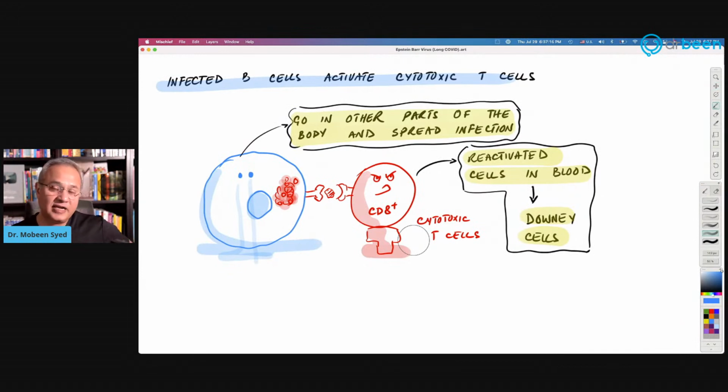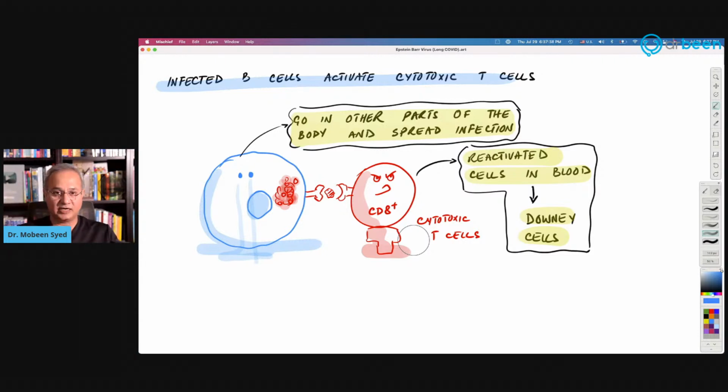Now, these infected B cells cause T cells to become activated. We know this mechanism. Imagine a B cell is infected. That means on the surface of the B cell, it would present the antigen. A naive T cell will connect with the B cell and say, what the heck, man, you are sick.